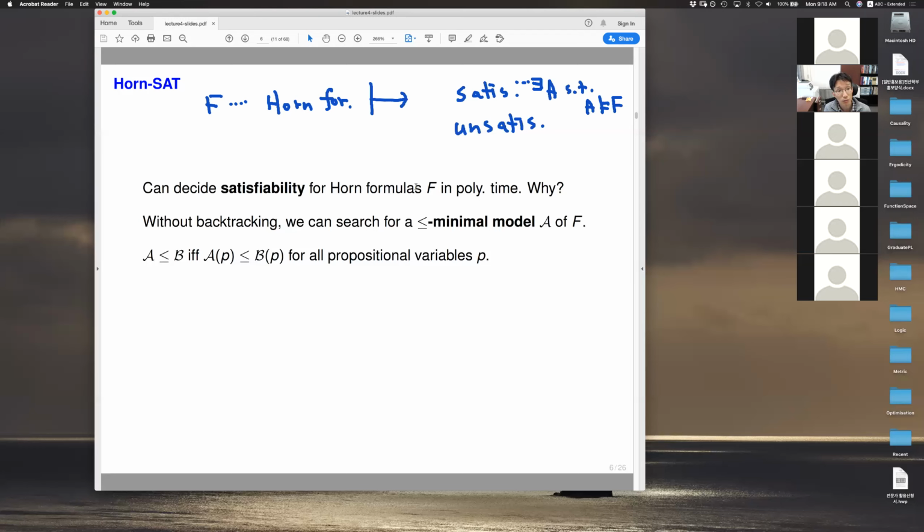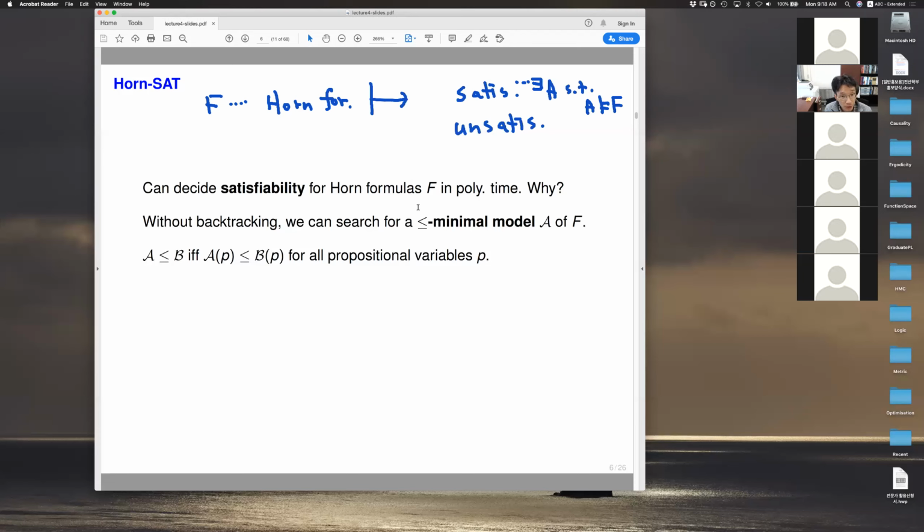Okay, just to sum up, a Horn formula, if it is satisfiable, has a very interesting property, which is that it has a best satisfying assignment. So at a high level, what we can do in terms of algorithm design is to design an algorithm that goes for this best satisfying assignment, assuming it exists.